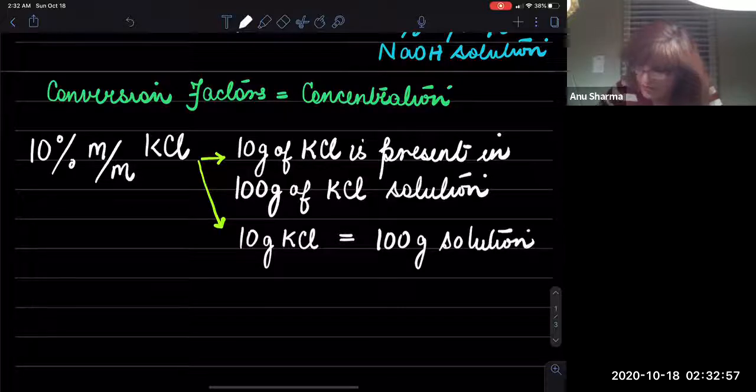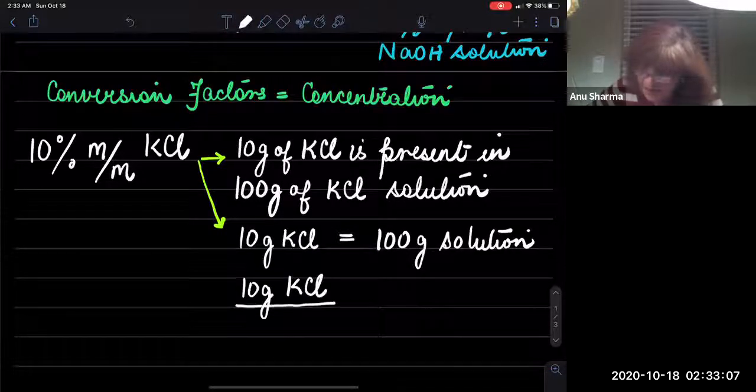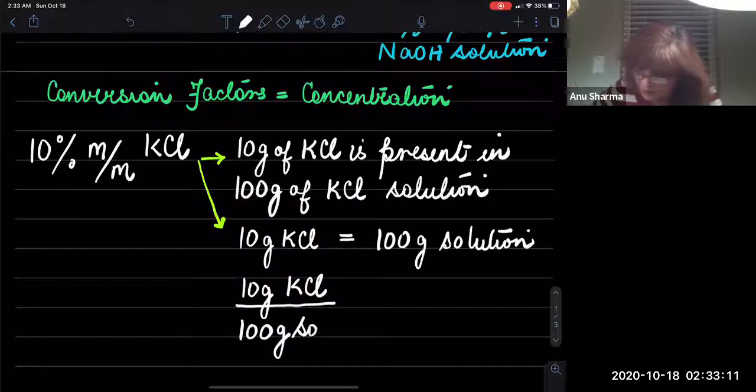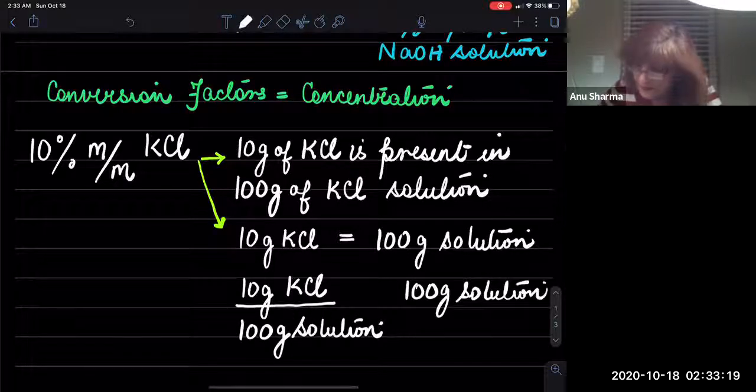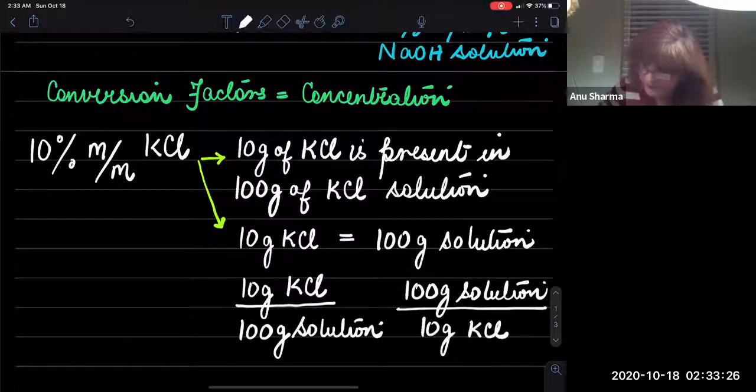And so now we can easily create the conversion factors. So what are the conversion factors? 10 grams of KCl is present in 100 grams of solution, or 100 grams of solution over 10 grams of KCl.